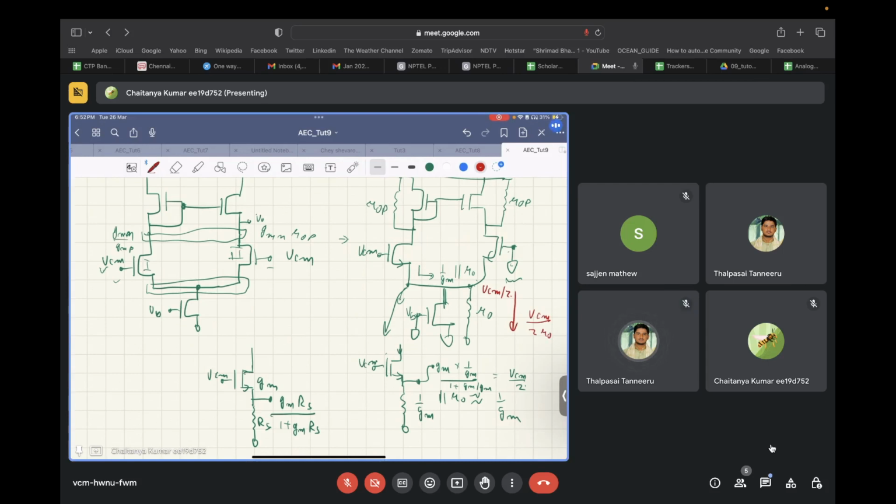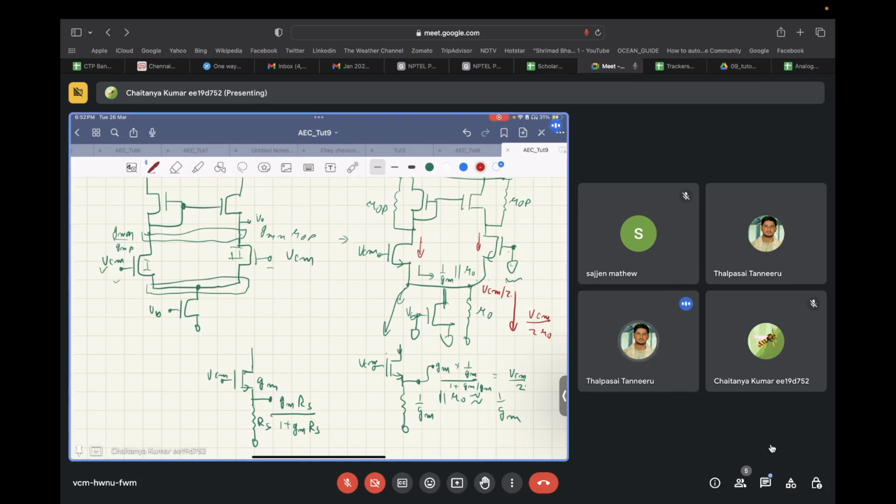Correct? If this is VCM by 2 R naught, that current will be equally divided between these two branches. Why? Current will be equally divided because of the same bias voltage.